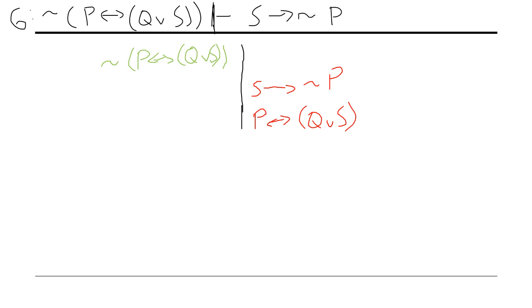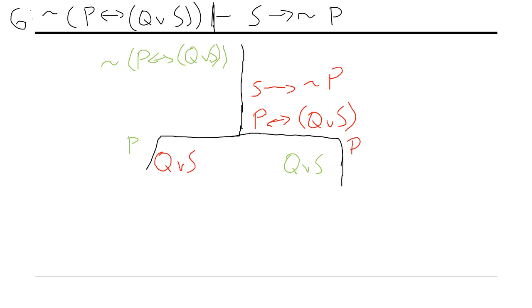Now what makes a double arrow false is where they don't match. So we'll say this side is where P is true and Q or S is false, and we'll say this side is where P is false and Q or S is true.